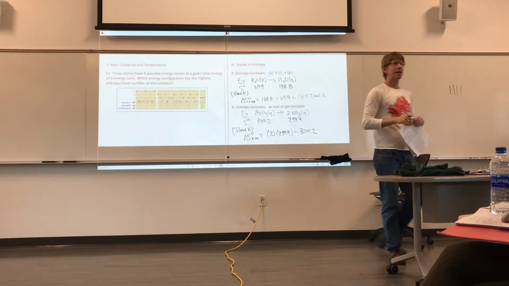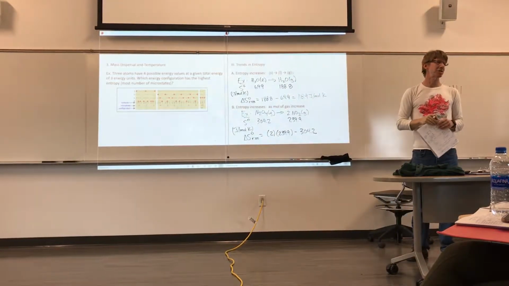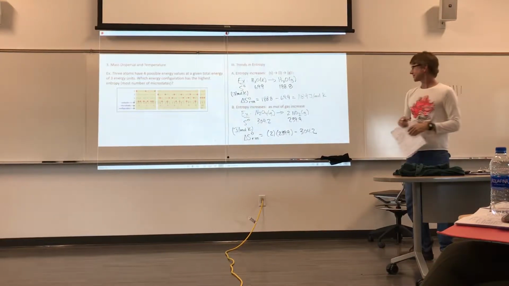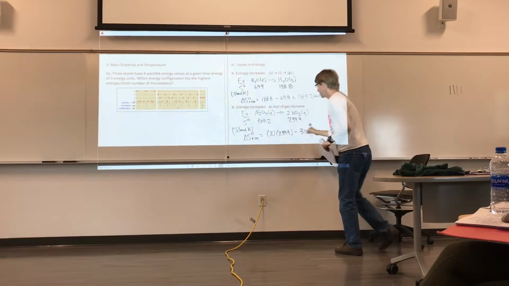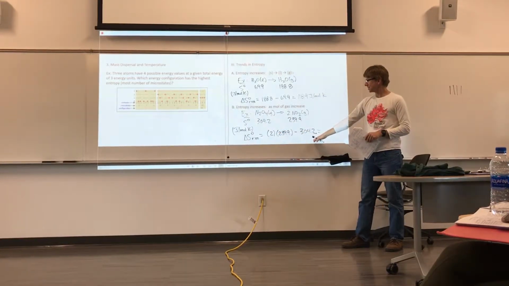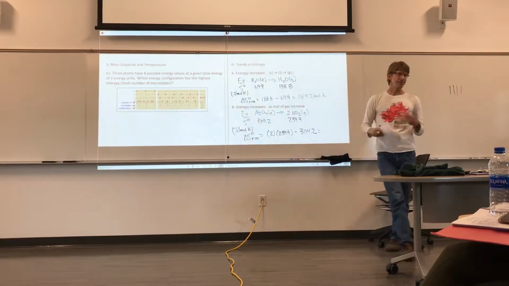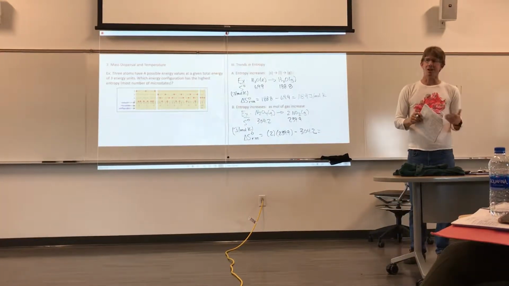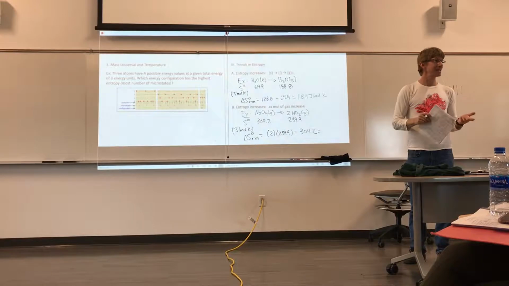Very similar to how we would do this for delta H, coefficients do show up in this process: products times coefficients minus reactants. The only small difference is all entropy values are positive.